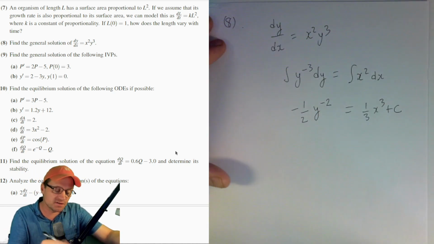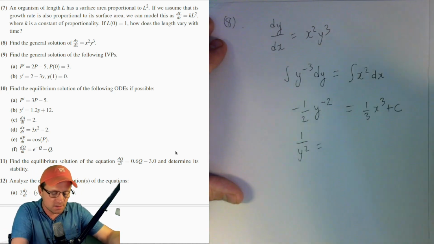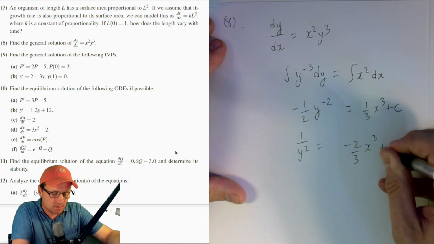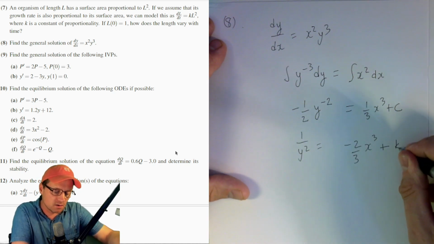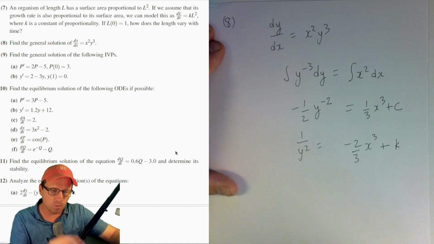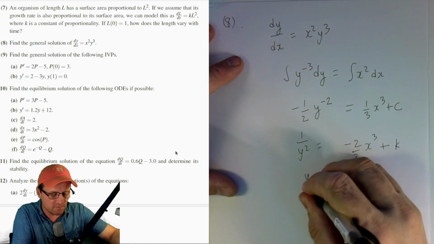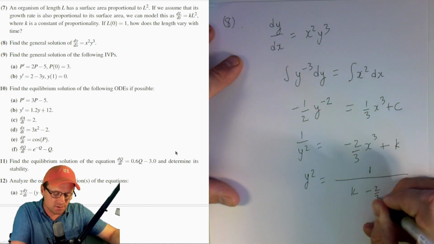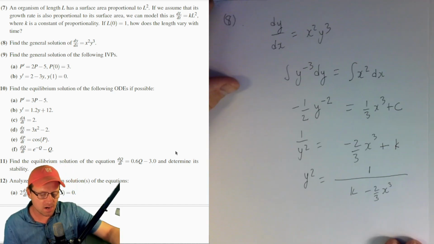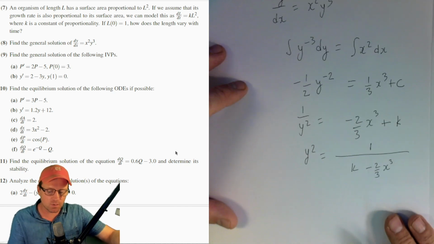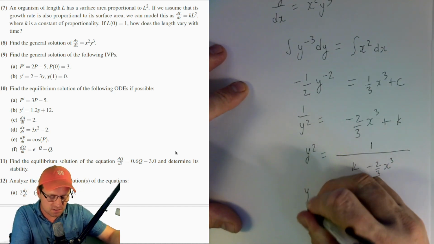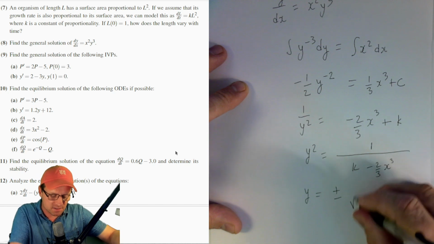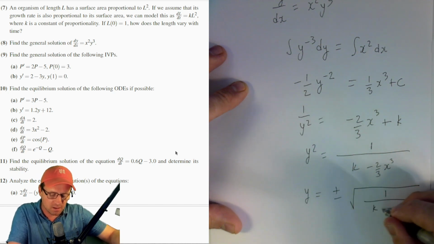Multiplying throughout by -2, 1/y² is -(2/3)x³ plus some other constant, let's call it k. Now solving for y², we just invert both sides. So y² = 1/(k - (2/3)x³). Taking square roots will give us two solutions: y = ± the square root of 1/(k - (2/3)x³).